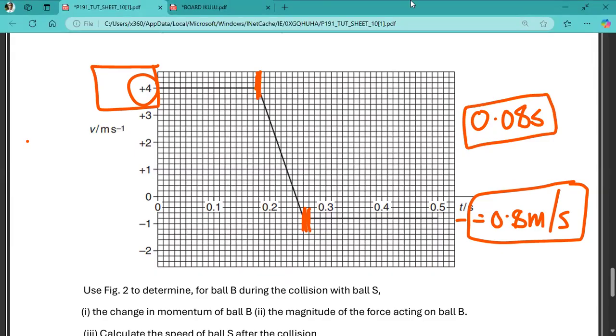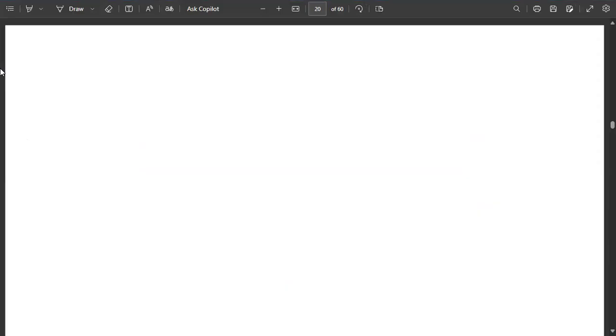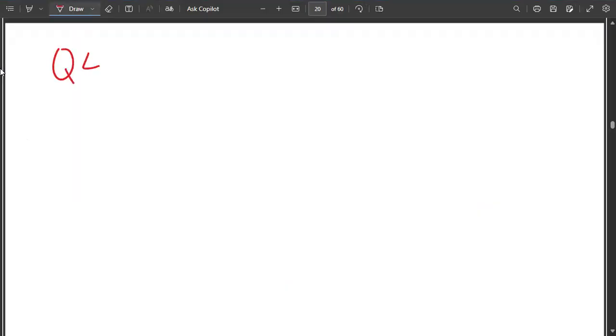So let's go to our blackboard. This is question 4, and we have ball B and ball S here. The mass of B is 1.2 kilograms, whilst the mass of S is 3.6 kilograms.